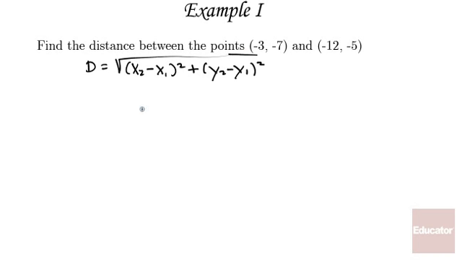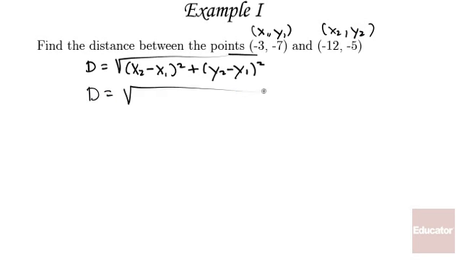Okay, just substituting in, I'm going to let my first set of points be x1, y1, and my second set of points be x2, y2, but you could certainly assign it the other way around, as long as you don't mix them up like that. But I could have just as easily done it the other way around, subtracting my x1s from my x2s.